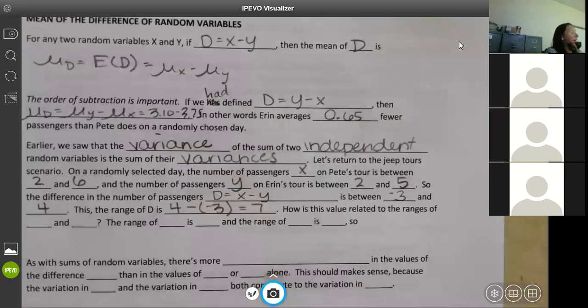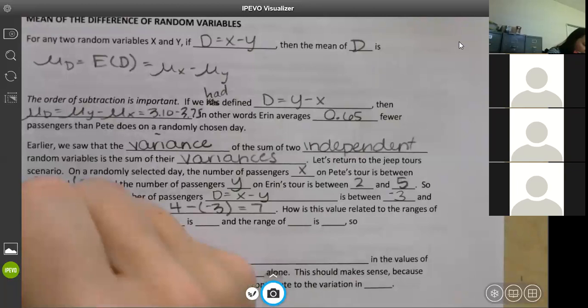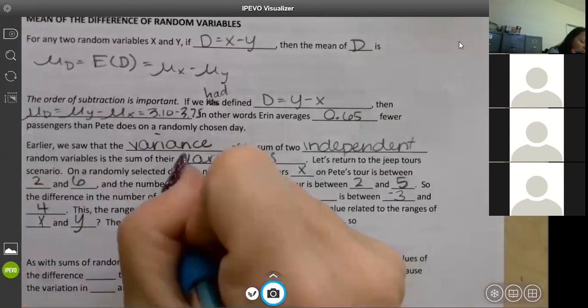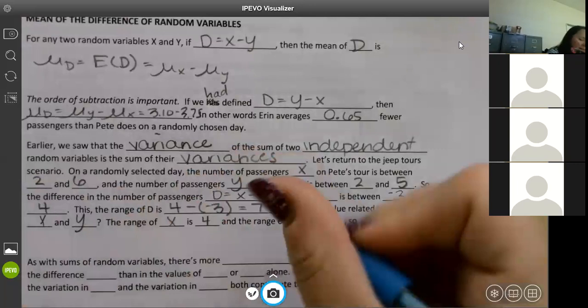If you guys remember back, what was our range for them added together? So the lowest amount of passengers was 4. The highest amount was 11. 4 to 11 is 7. So their variation should be the same, right? So regardless of whether you have a sum or a difference, your variation is still 7 for both of them. Okay, so that's what it's trying to tell you. How is this value related to the ranges of X and Y? The range of X is 4 and the range of Y is 3.